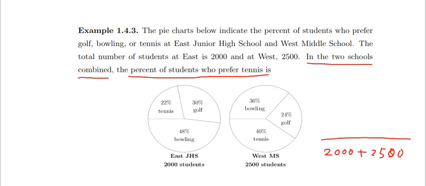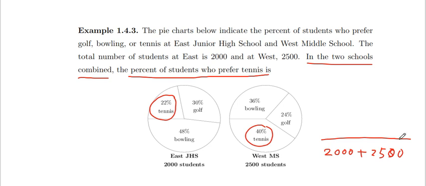So we need to find how many play tennis. For this school it is 22%, and for this school, 40%.